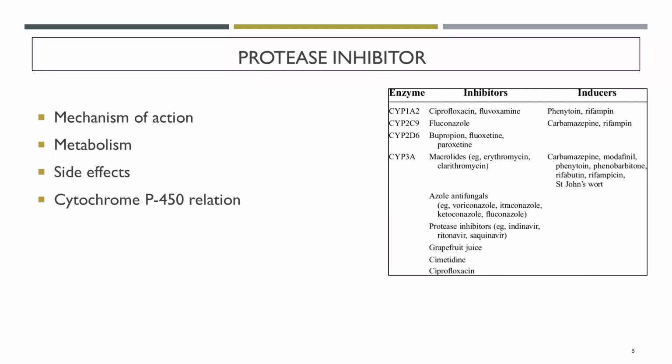The metabolism of Lopinavir is predominantly in the liver, and its side effects are predominantly nausea, vomiting, and neuropathy, and it causes disturbance in glucose and lipid metabolism, leading to hyperglycemia and hypercholesterolemia. As Ritonavir is a cytochrome P450 inhibitor, it enhances the drug level of Lopinavir. So that is the idea of why we combine Ritonavir along with Lopinavir.